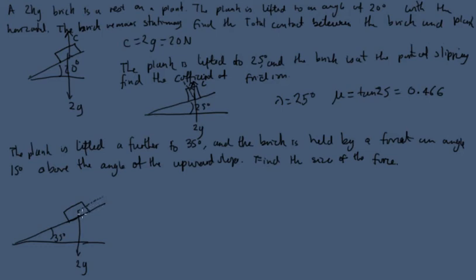Parallel to our slope here, we've got some rope with some tension at an angle of 15 degrees. Now previously our total contact force C was along the vertical, but now this is our vertical and the total contact force will now be knocked off by an angle of 10 degrees.